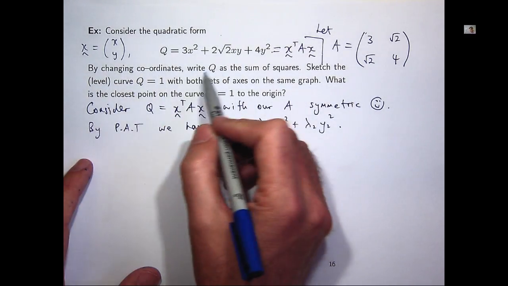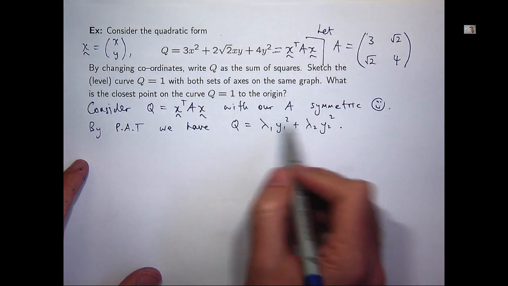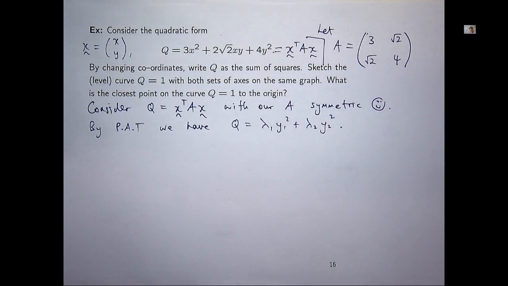By changing coordinates, write Q as the sum of squares. To do that, all we need to do is calculate lambda 1 and lambda 2 from A.